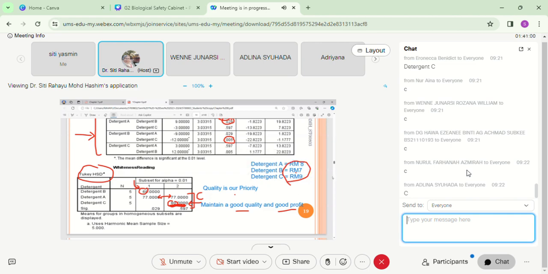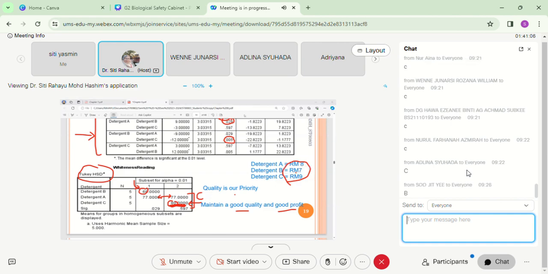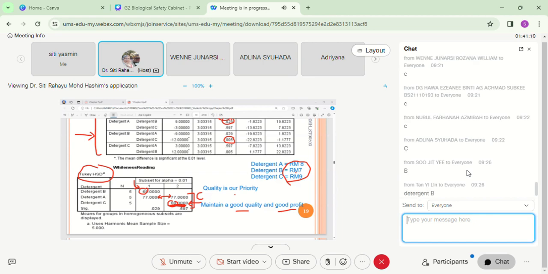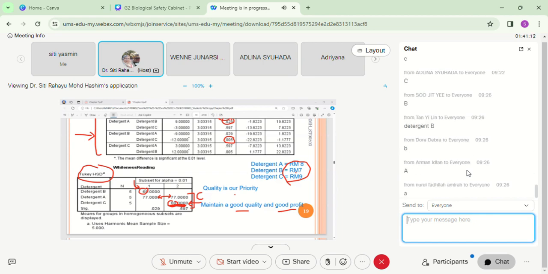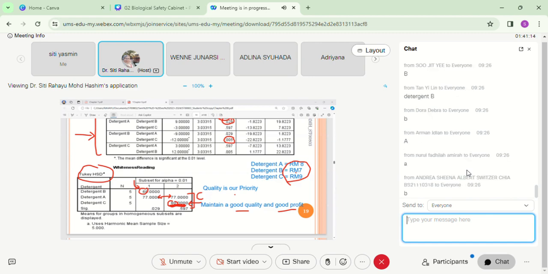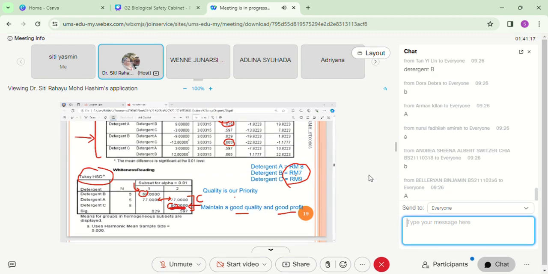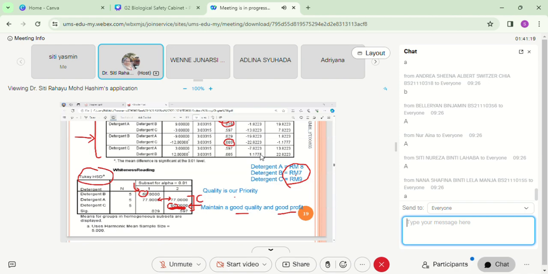Okay, now mana satu yang the best detergent, everyone? Yang patut kamu beli supaya kamu dapat a good quality, but at the same time you can get a good profit.